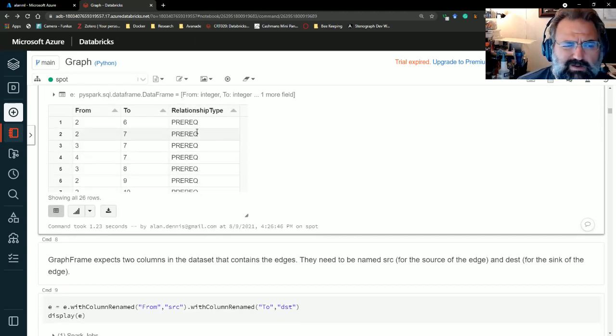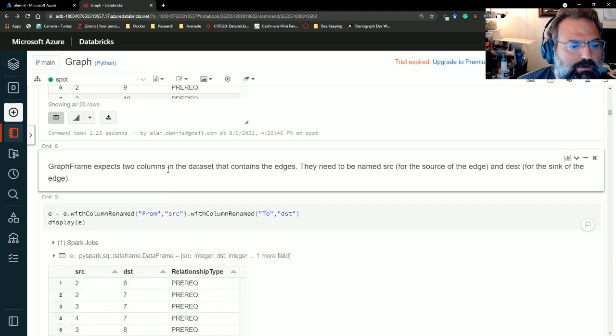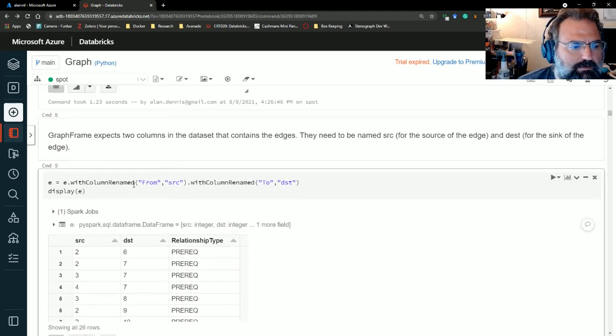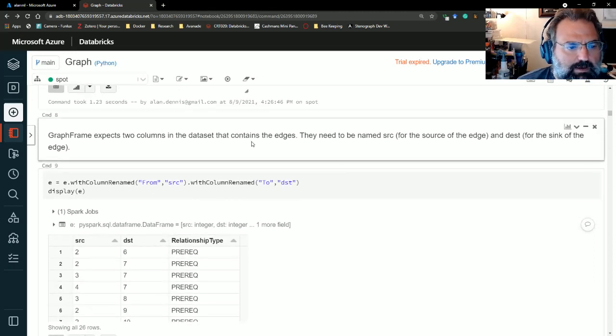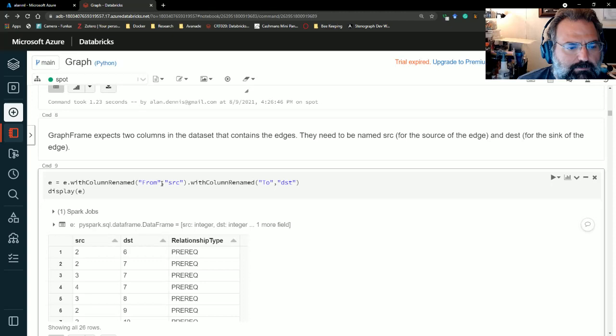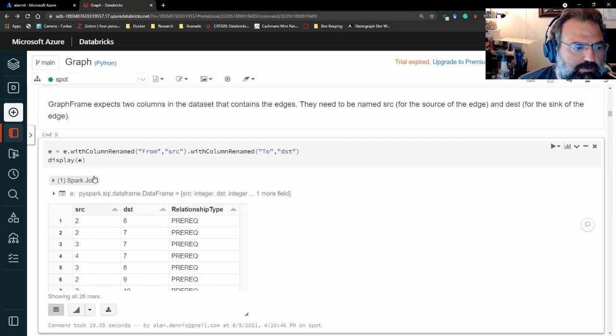You could potentially have other types of relationships, but for now that is an attribute that is associated with that edge. So that's what I'm talking about here, is that I need to rename the edges from and to: from turns into source, and to turns into destination.